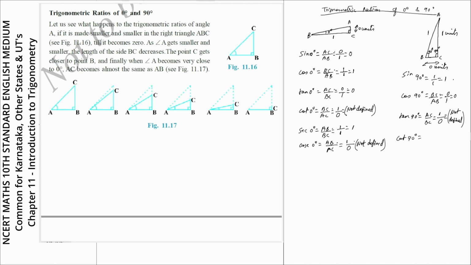Cot of 90 degree is adjacent by opposite, sorry, opposite. So BC by AC. BC is 0, AC is 1. So 0 by 1 is 0. Now similarly, what is secant of 90 degree? Secant of 90 degree, hypotenuse by adjacent, that is AB by BC. So AB is 1 and BC is 0. So this is also not defined.